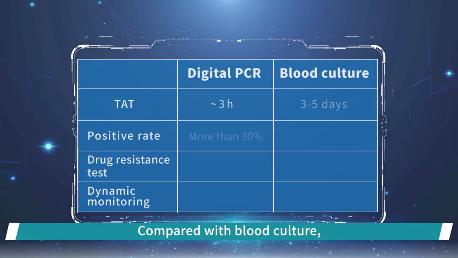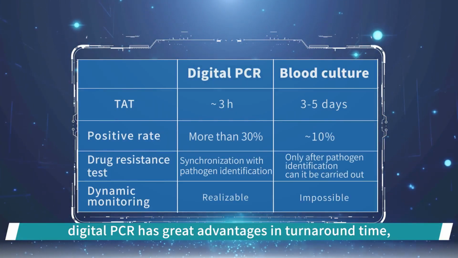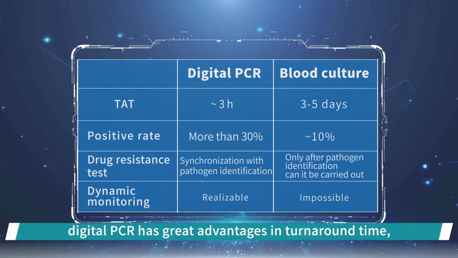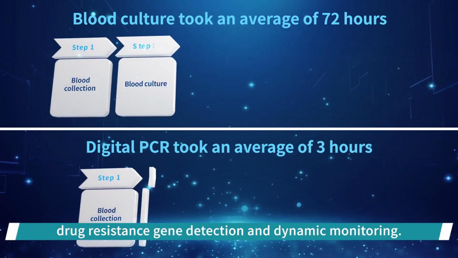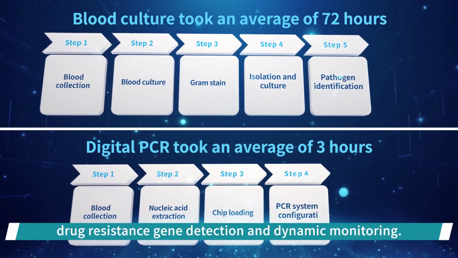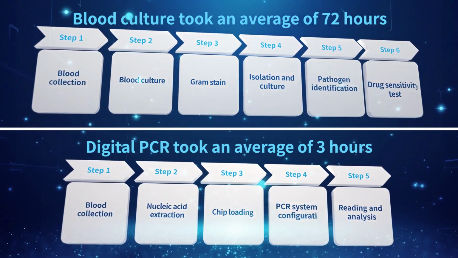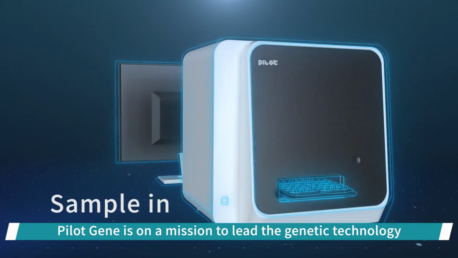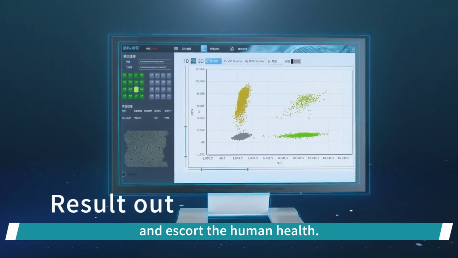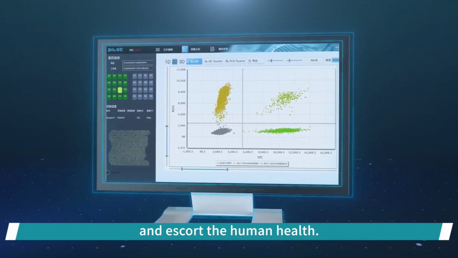Compared with blood culture, digital PCR has great advantages in turnaround time, positive rate, drug resistance gene detection, and dynamic monitoring. Pilot Gene is on a mission to lead genetic technology and escort human health.